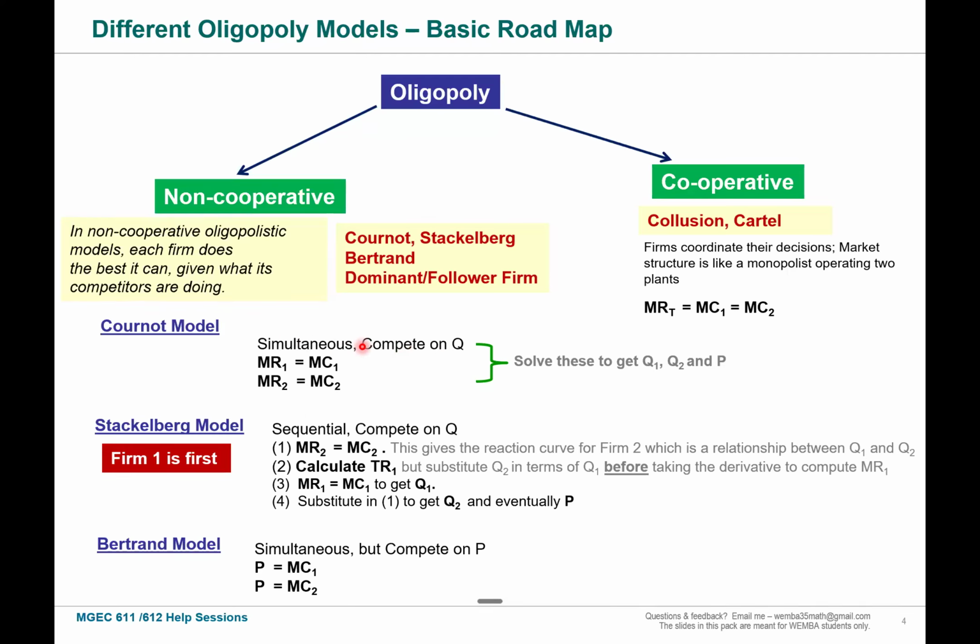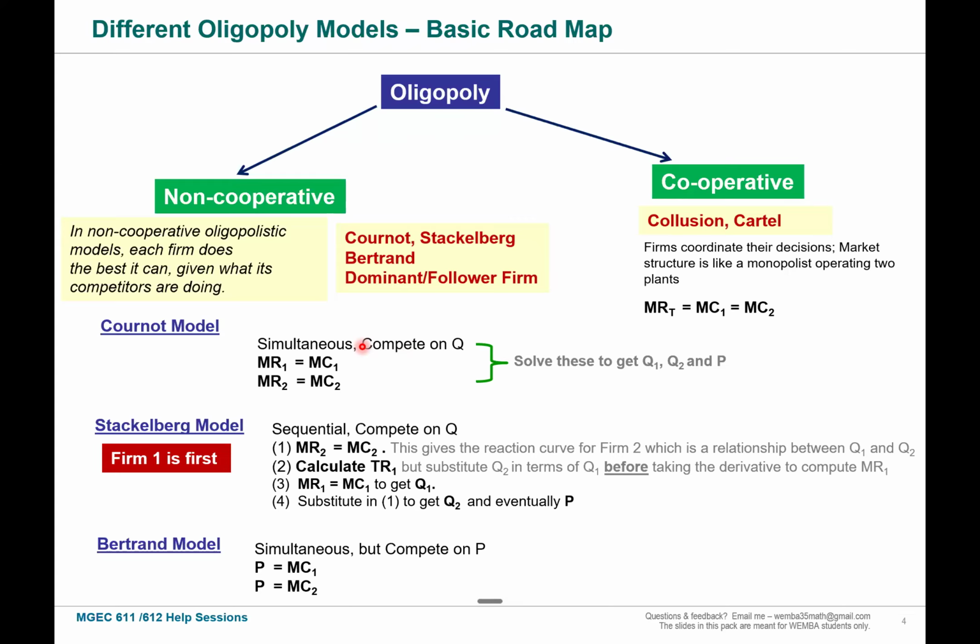You solve for the two reaction curves, MR1 equal to MC1, MR2 equal to MC2, and solve for Q1 and Q2. When you're computing MR1 and MR2, you treat the other quantity as constant. So in case of MR1, treat Q2 as constant. In case of MR2, treat Q1 as constant, and get the marginal revenues that way.